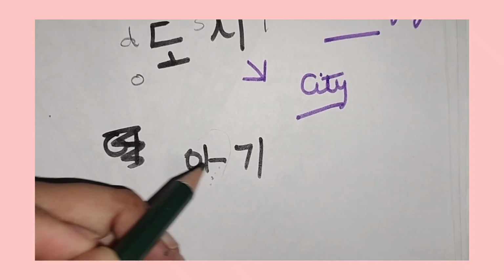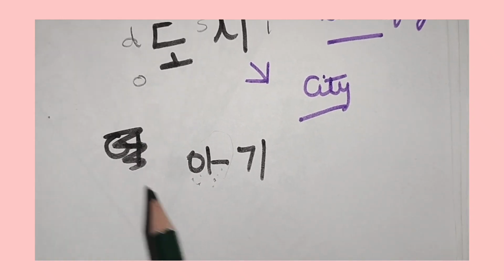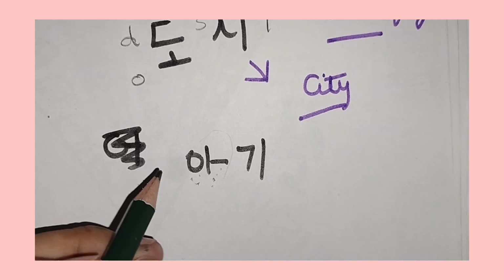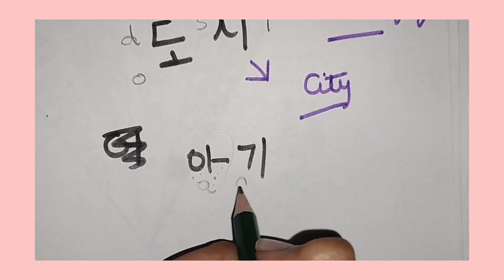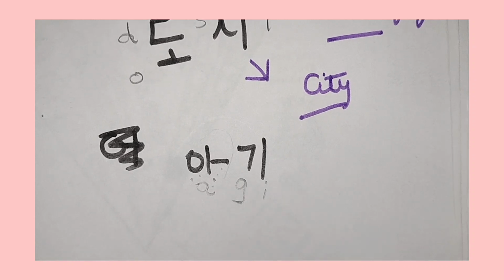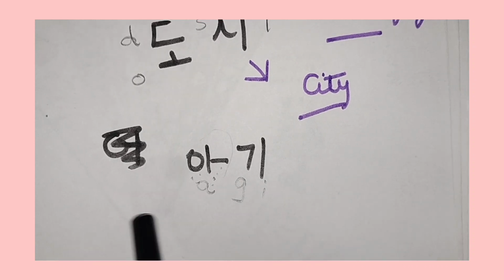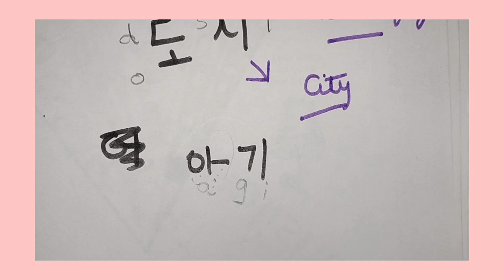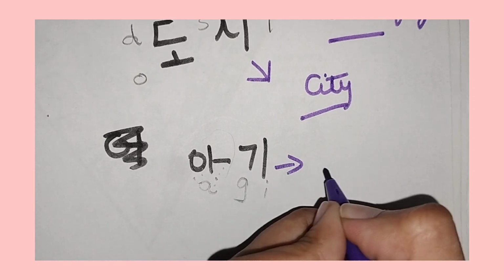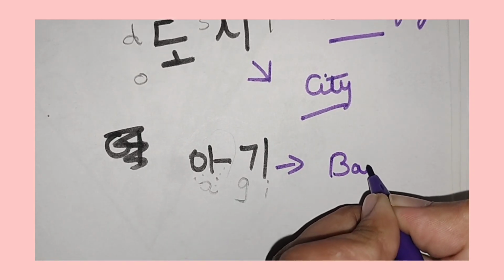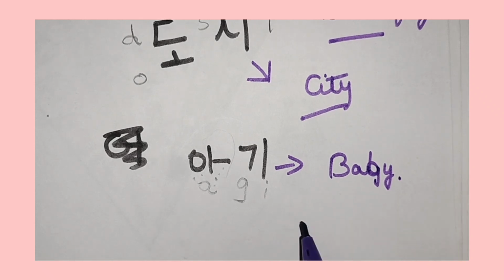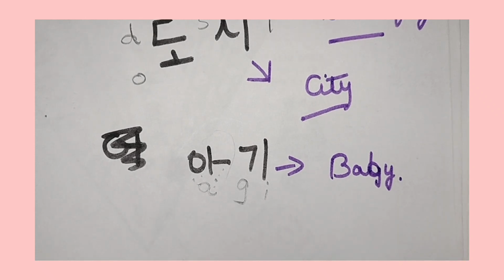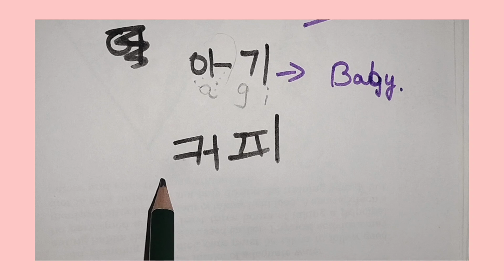If this one is in front of a vowel, that means it has no sound. So this one is A, and this one is K and I. So it becomes Agi, and it means a small little baby.